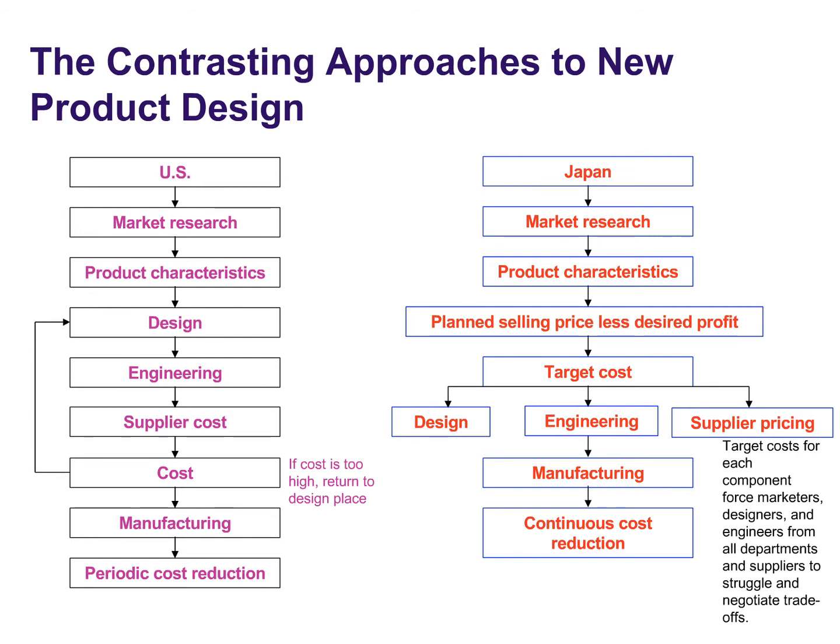This target cost actually serves as a central control for design, engineering, and suppliers, the price of the raw materials and so on and so forth. Then they go through manufacturing and continuous cost reductions also.